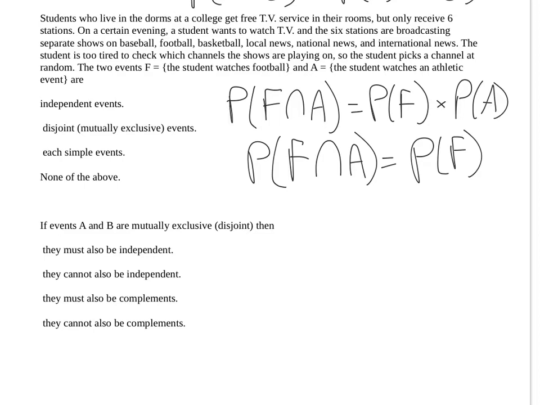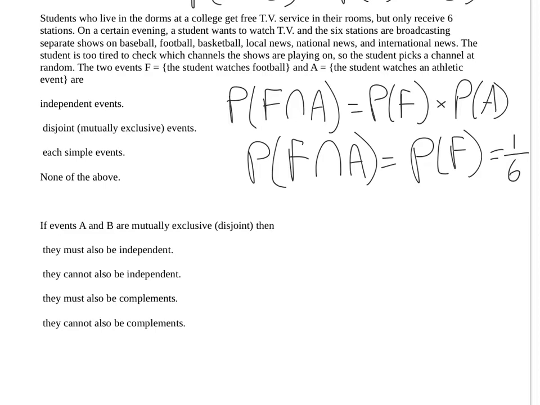So the probability of the intersection of these two, remember we call this a cap. If we have this cap in here, then that cap means both of these things are happening at the same time. If they're watching football and an athletic event, since athletic event includes football, it's just the probability of football. So, probability of watching football with 6 stations is 1 in 6, right? So this equals 1 over 6.